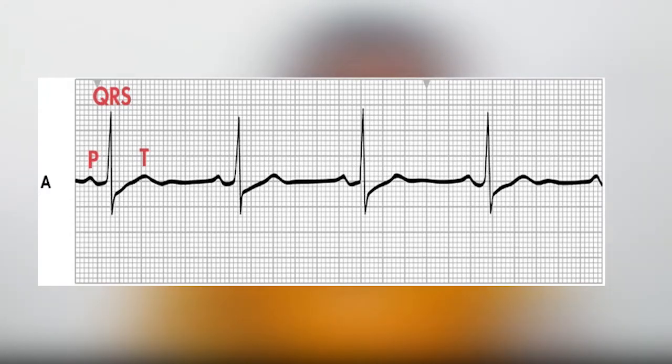The P to QRS ratio is 1:1. That means all characteristics of sinus bradycardia are the same as those of normal sinus rhythm, except for one thing. What is that? Except for the rate. That's the characteristics of sinus bradycardia.